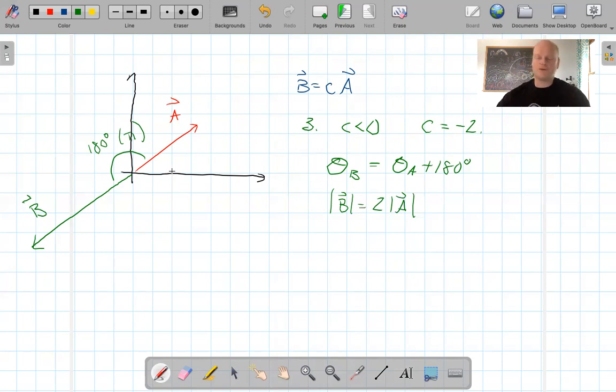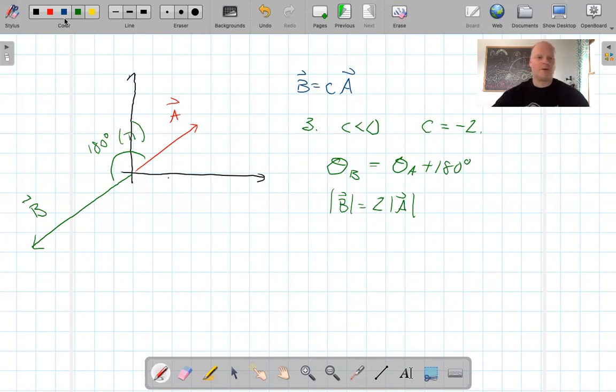Now, this is only true technically in 2 dimensions. What actually happens in 3 dimensions is it doesn't just get rotated by 180 degrees, it actually gets reflected through the origin. So in that case, it gets rotated 180 degrees by 2 different angles. Basically, the theta angle and the phi angle both get rotated by 180 degrees in 3 dimensions.